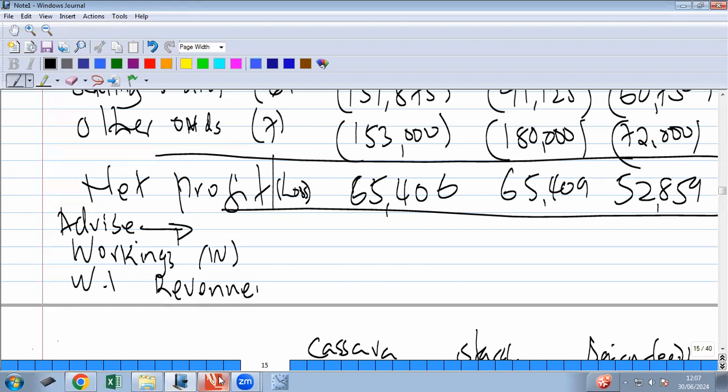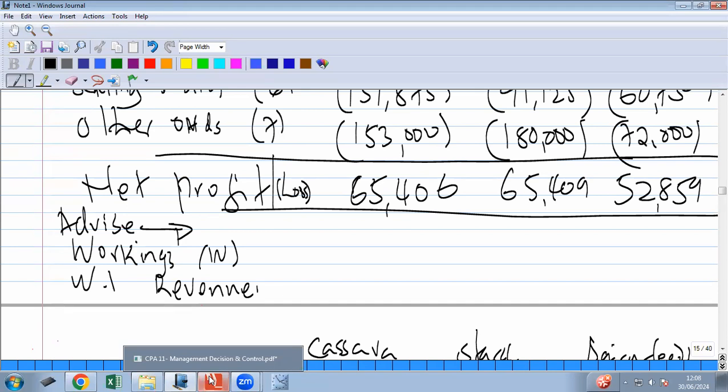No. So we are going to advise this entity to shift to ABC under cassava and starch, because they have profits of 65,406 and 65,409, which are higher than the traditional. Let's write the decision so that next time you can write yours.